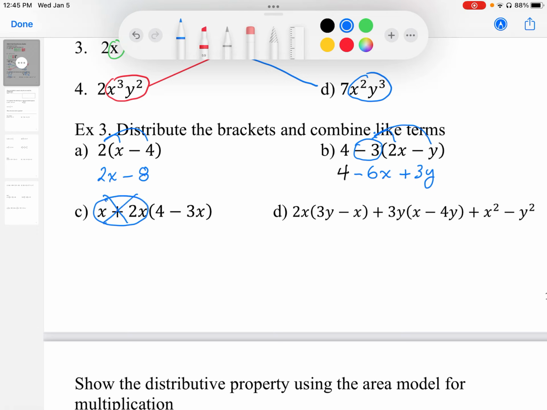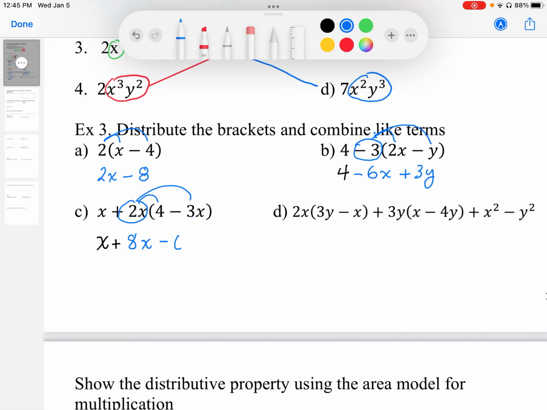Same thing here. I don't do the plus first. That's a big no-no. I'm going to do the multiplication first, so I need to keep track of that extra x. I'm going to have x plus whatever happens with multiplication. So I'm going to multiply that out. I'm going to end up with 2x times 4, which is 8x's, minus 2x times 3x.